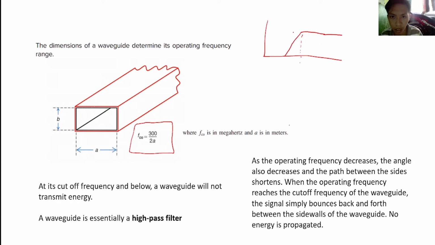However, below it, in this part, it will be attenuated and there will be no propagation. As the operating frequency decreases, the angle also decreases and the path between the sides shortens, and when the operating frequency reaches the cutoff frequency of the waveguide, the signal simply bounces back and forth between the sidewalls and no energy is propagated.